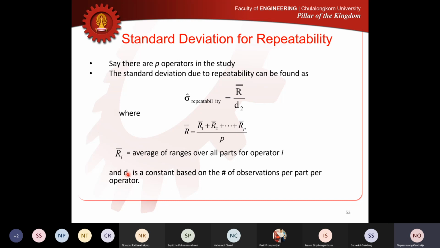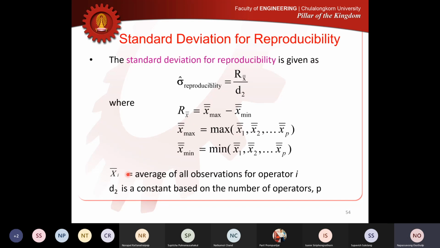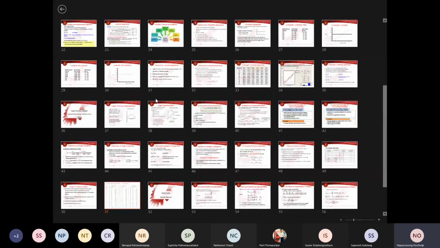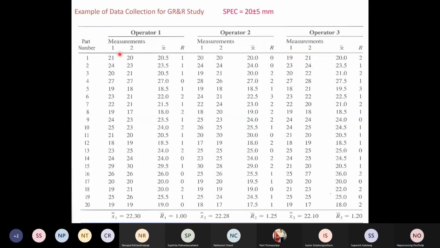R bar is simply an average of the R for each operator. What does it mean here? Take a look at the data sets. Take a look at the first part for operator 1.